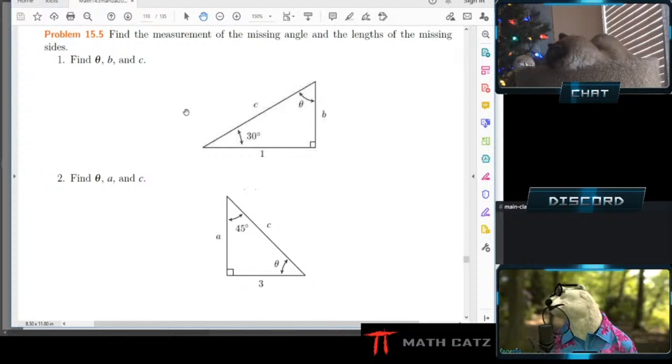15.5 is also a problem that you can do, but don't skip the other ones. Build up to it. They're in a good arrangement here, where we want to practice Pythagoras and some of the angles being 90 degrees to see if we can find the missing things in these triangles. All right, are there any questions at this stage?